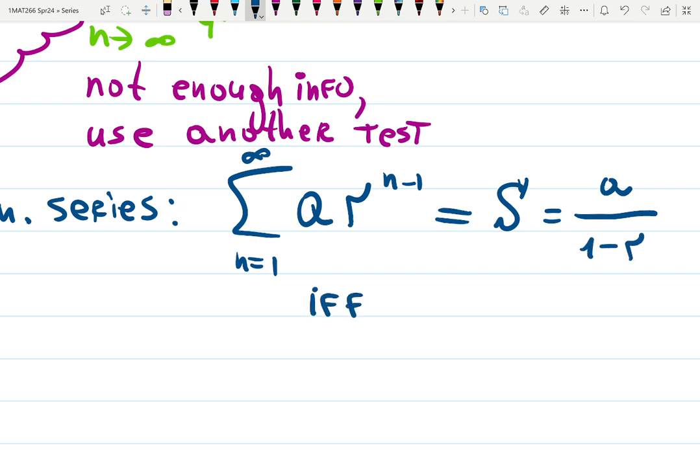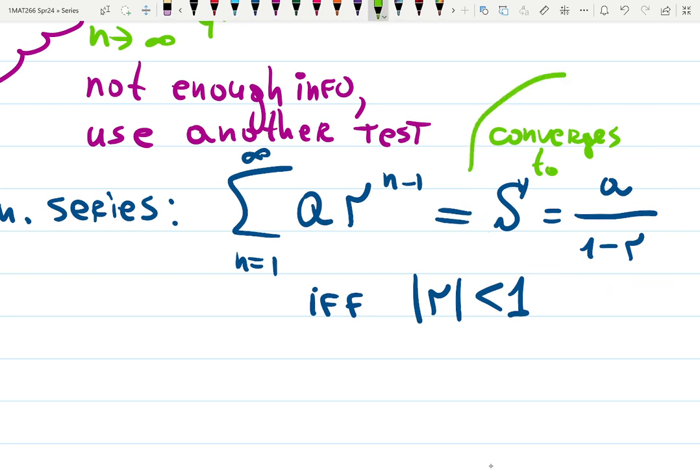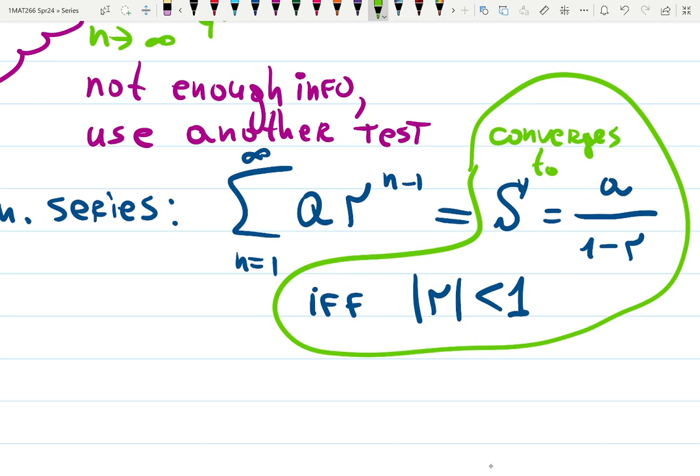If and only if. Iff means if and only if. You don't have to memorize that. You will see it a lot in math in the future, if and only if. The condition on r is that it is less than 1 by absolute value, exactly. So it converges to S if r is less than 1 by absolute value.